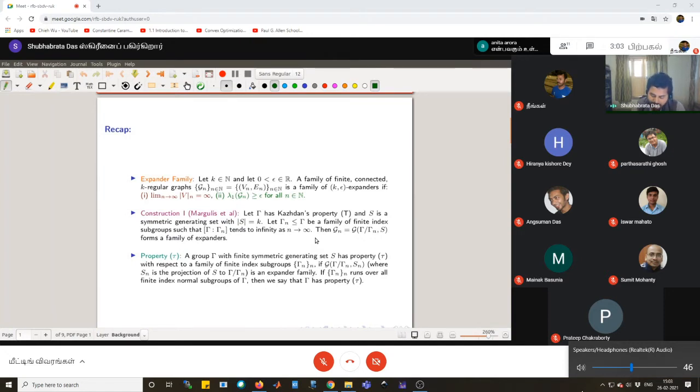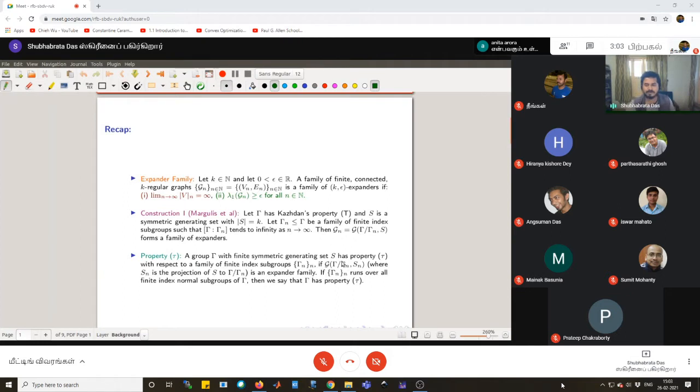We just dropped property T from the context, and the rest of the theorem, which was giving us an expander family, we defined that to be a property called property tau, and we observed that it's very useful in various fields.